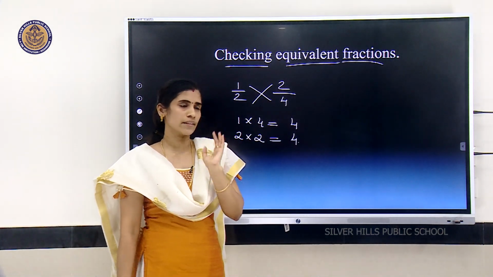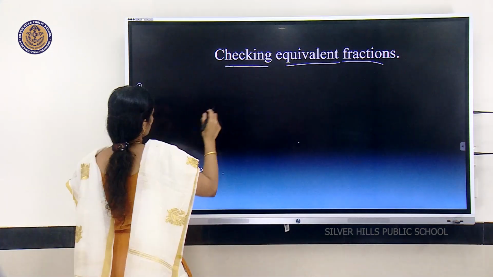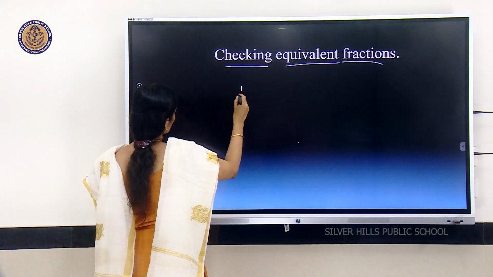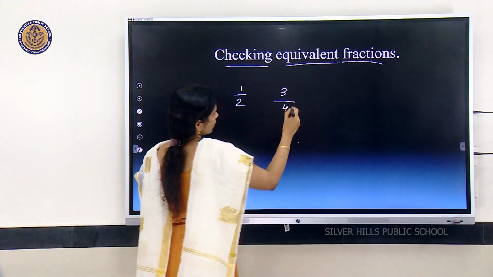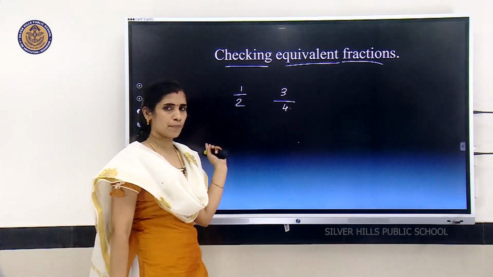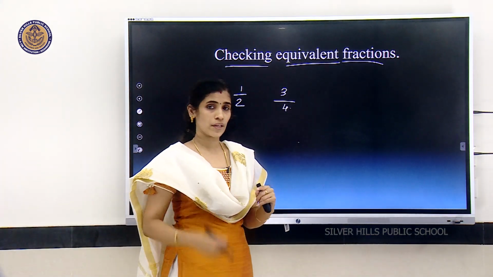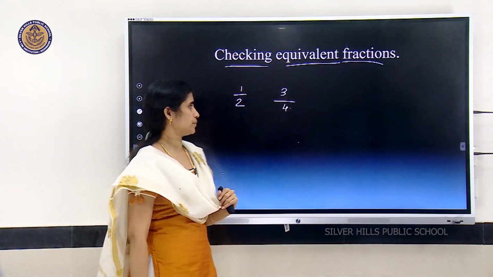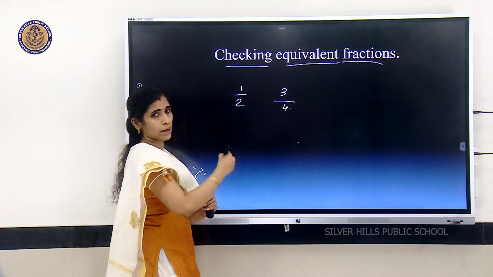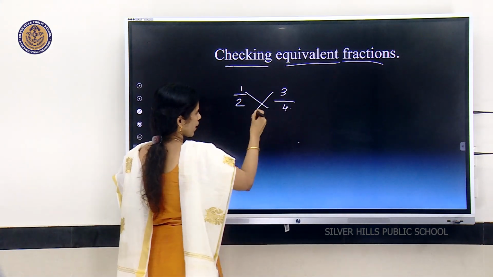We'll consider another example. Consider this example 1 by 2 and 3 by 4. Next we are going to check whether these two fractions are equivalent or not. So first we cross multiply. How can you cross multiply?